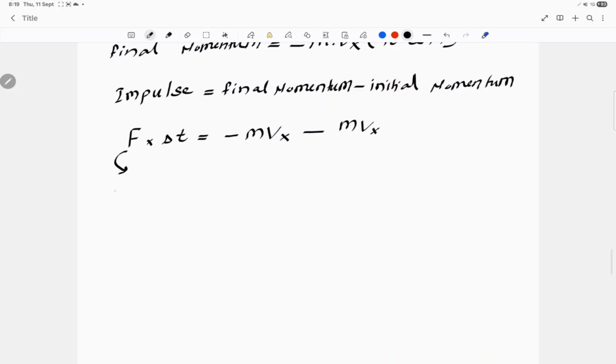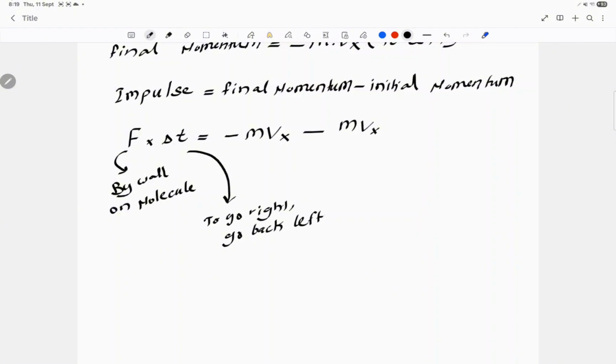This is the force exerted by the wall on the molecule, which caused the molecule to bounce back to the left. And delta t is the time it takes the molecule to go right and then go back in the left direction.